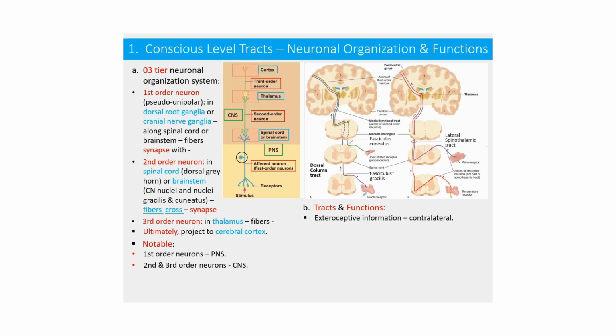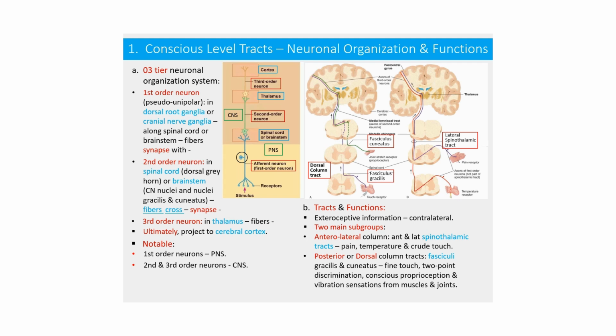These tracts convey contralateral exteroceptive information and are divided into two subgroups. First, the anterolateral column tracts, which are the anterior and lateral spinothalamic tracts, and they convey pain, temperature, and crude touch.